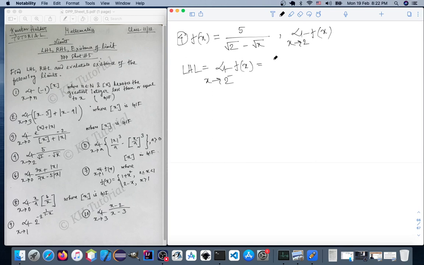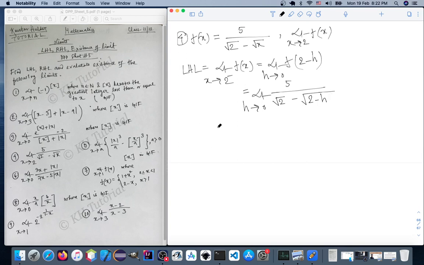This equals the limit h tends to 0 of f(2 minus h). This becomes the limit h tends to 0 of 5 by (root 2 minus root of 2 minus h).